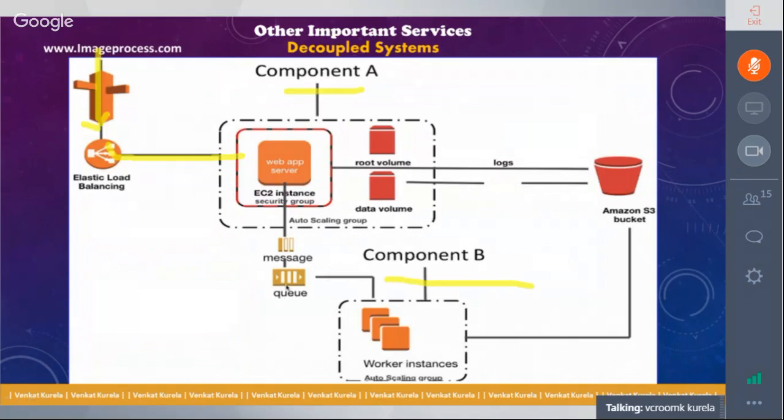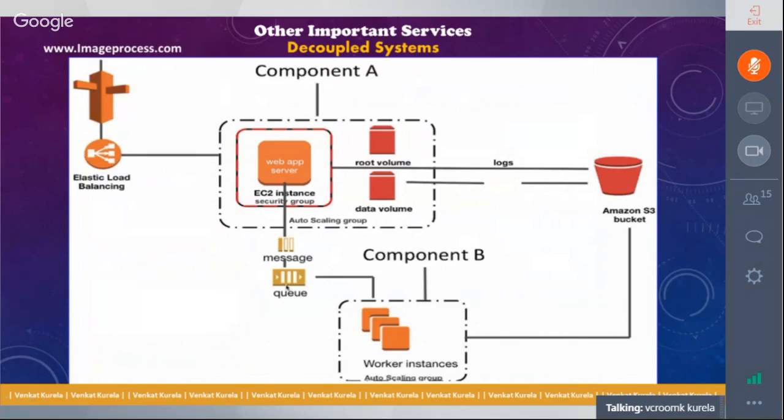Component A just interacts with the users, gets the images, and dumps them into S3. The role of component B is to convert or compress them and send the result back to component A saying the conversion is done. So the components are performing their own jobs.